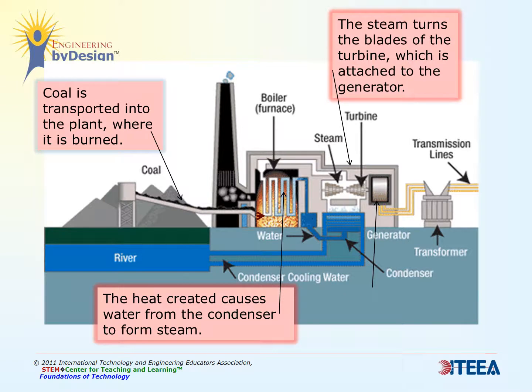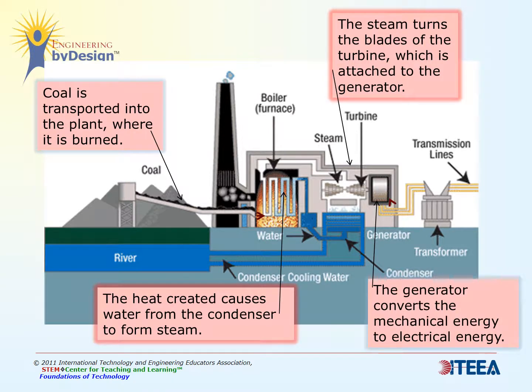The steam turns the blades of the turbine, which is attached to the generator. The generator is converting the mechanical energy into electrical energy.